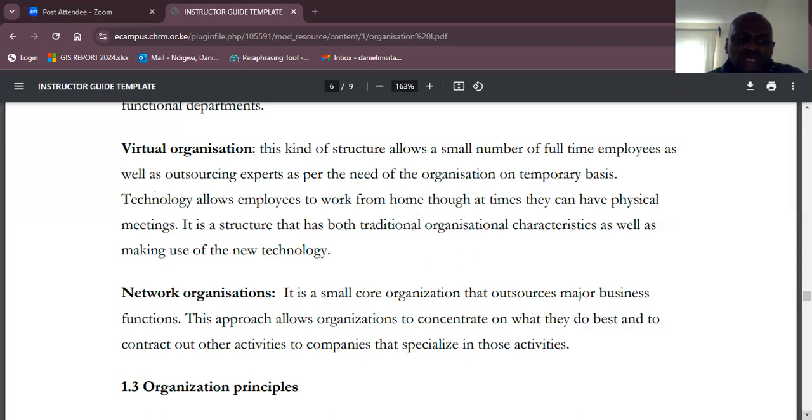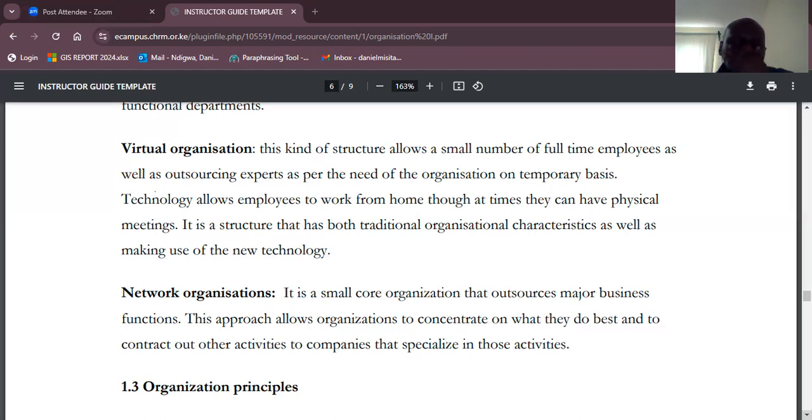Then we also have what is called a network organization. It is a small core organization that outsources major business functions. This approach allows organizations to concentrate on what they do best and to contract out the activities to companies that specialize in those activities.